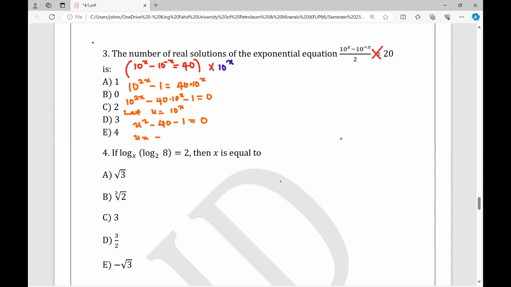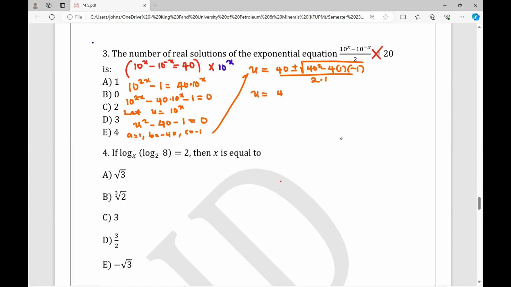So here we cannot factorize this one, but we can use our quadratic formula. In other words, just take a to be 1, b to be minus 40, and c to be minus 1. So doing that, you will have u equals 40 plus or minus the square root of 40 squared minus 4 times a, which is 1, times c, which is minus 1, everything over 2 times 1.